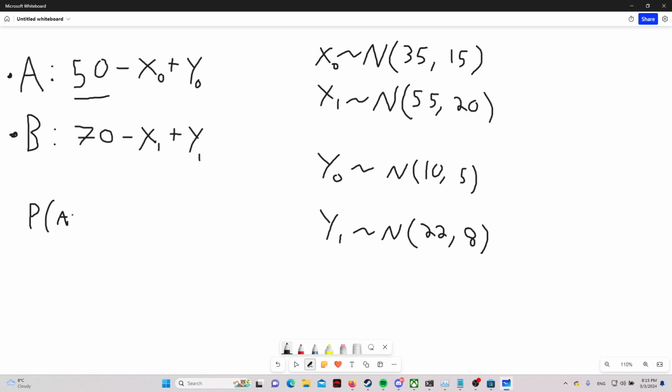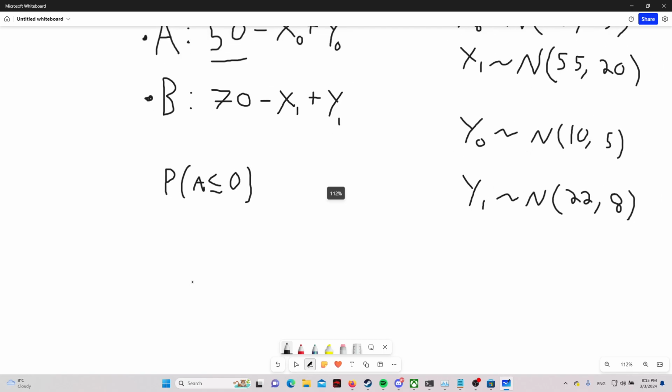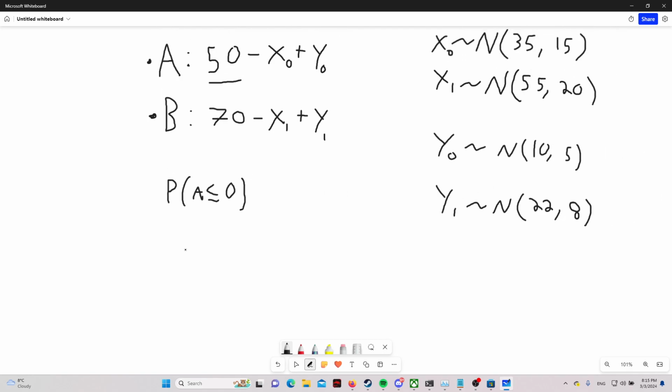Actually, let me rewrite that again. Also, bear with me with my handwriting. It's kind of challenging to write freehand with a mouse. But anyways, let's expand this to the probability of 50 minus x naught plus y naught less than or equal to 0.